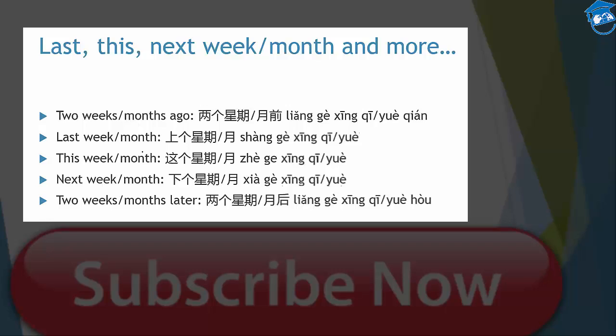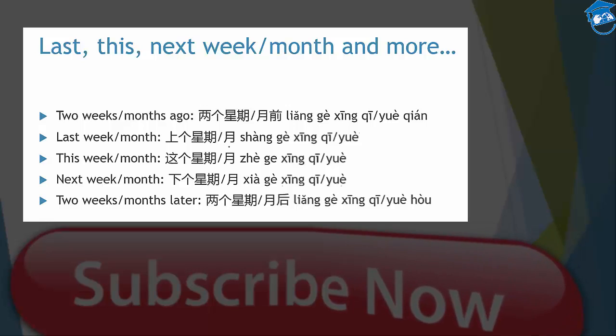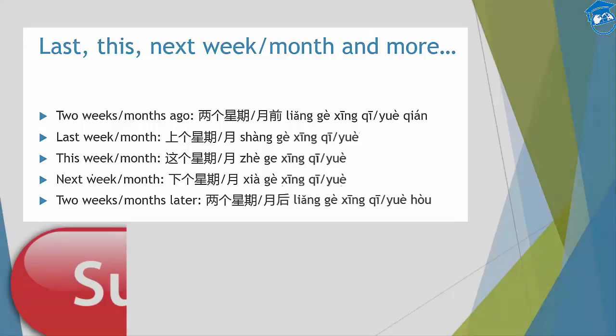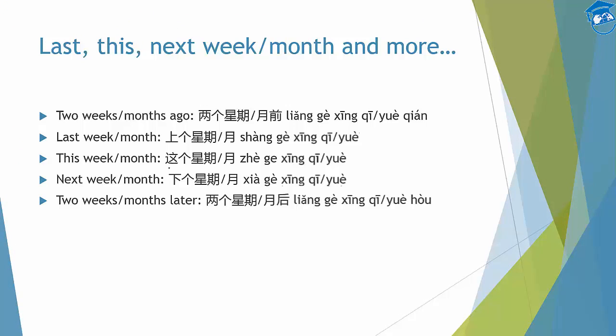And for last week or month, it is 上个星期 or 上个月. Okay, again, you have learned this before. 上 is learned in greetings when you say 早上好. That's the same 上. Okay, and if you want to say this week or this month, it is 这个星期 or 这个月.